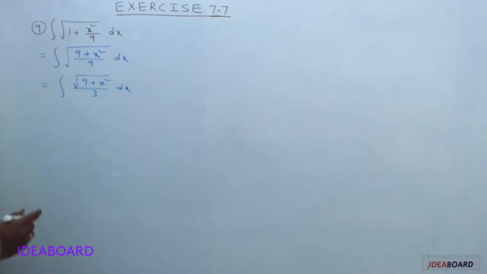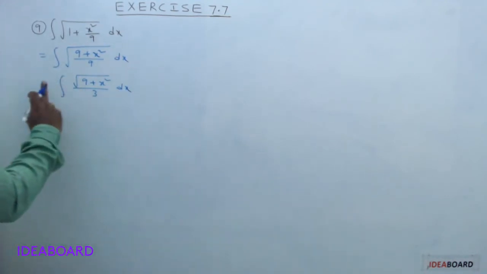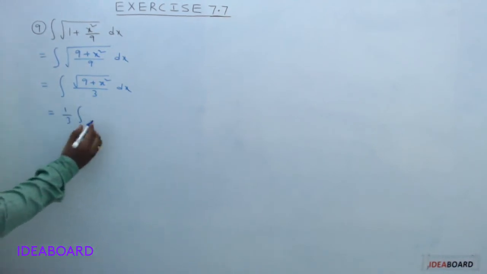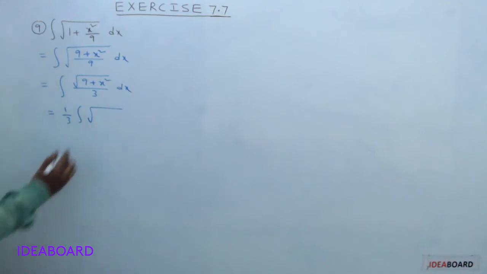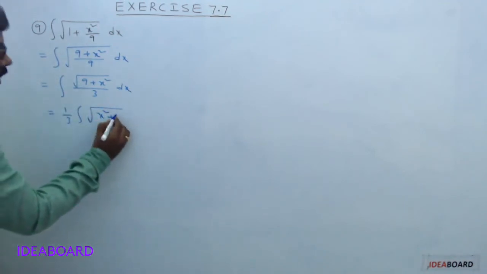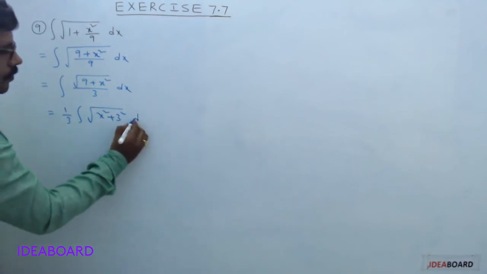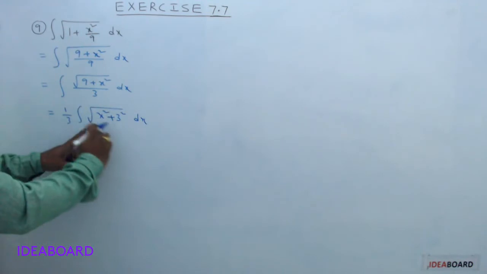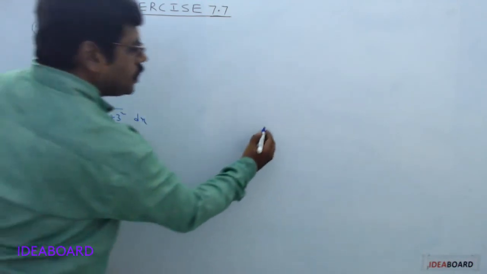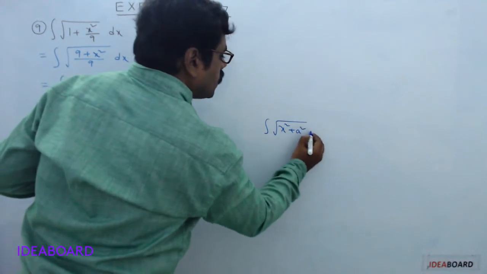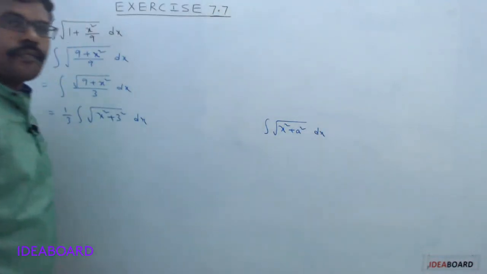Here 1 by 3 is the constant term. You can take it outside of the integral. It will be 1 by 3 into integral square root of x square plus 9, which can be taken as 3 square, dx. Now clearly this term is of the form integral square root of x square plus a square dx.